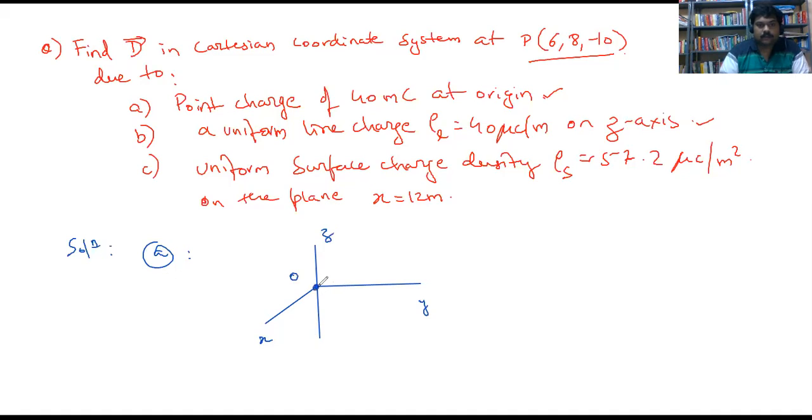So at origin, you have 40 millicoulomb of charge. You need to find the flux density D at this point 6, 8 and minus 10, somewhere here.